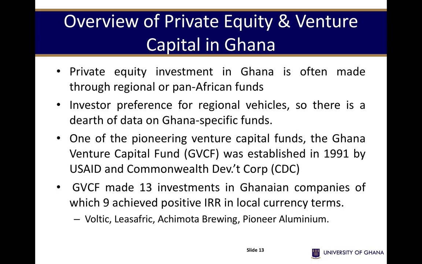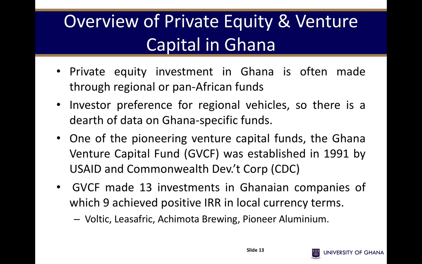But delving back into history, as early as 1991 through to 1992, the USAID and the Commonwealth Development Corporation put up one of the pioneering venture capital funds, the Ghana Venture Capital Fund, which was to kickstart venture capital funding to support firms in Ghana.